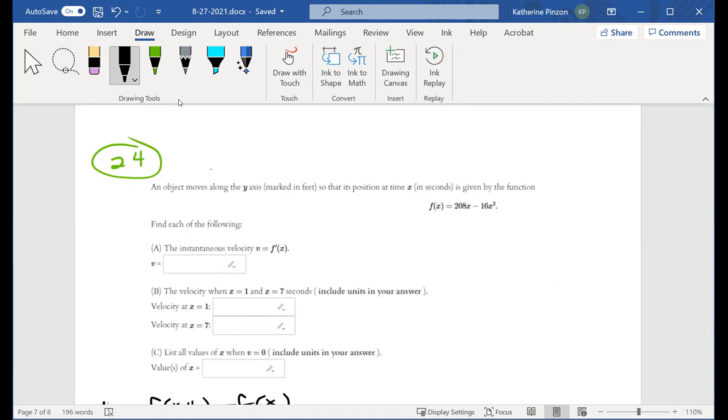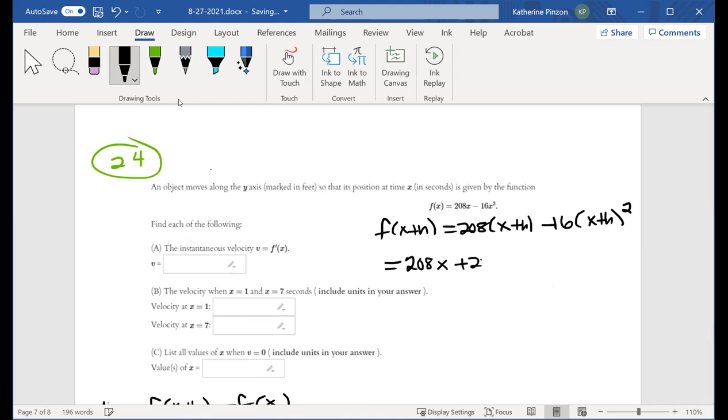Okay, I got to find f of x plus h. So that's 208 times x plus h minus 16 times x plus h squared. So 208x plus 208h minus 16 times, when I do x plus h squared, I'm going to do x plus h times x plus h, which gives me x squared plus 2xh plus h squared.